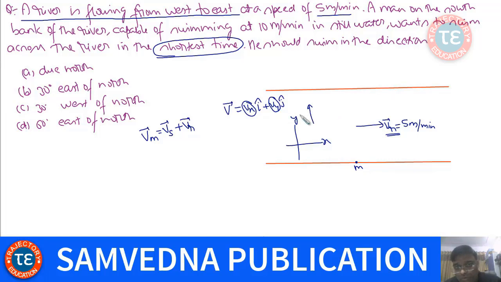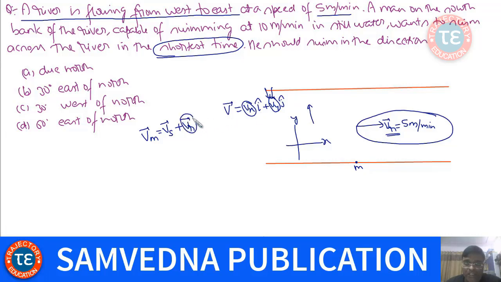Getting the point? The motion of the man can be split into motion in the x direction plus motion in the y direction. So it's only Vy which is going to contribute, and this river velocity which he is going to inherit will not contribute to Vy. So in order to cross the river in the shortest time, we want this Vy to be highest.